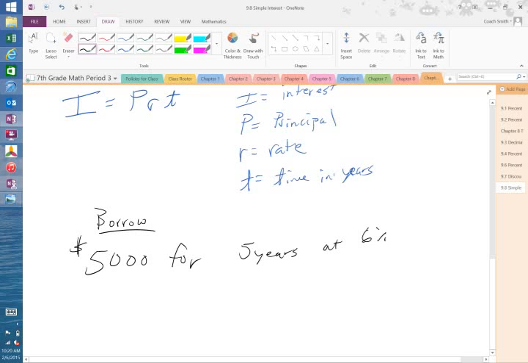So I'm going to borrow $5,000. Maybe I'm purchasing a car and I've got some cash. I'm putting cash down on it, and so I'm borrowing the rest from a bank, which would obviously be a bank, not like where you pay at the car dealership or something. $5,000 for 5 years at 6%.